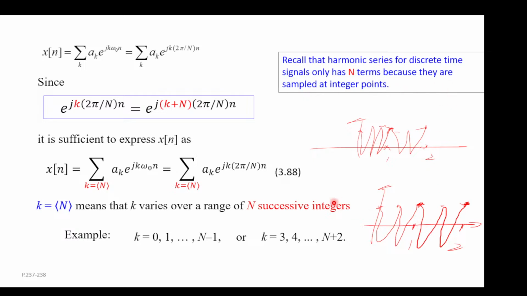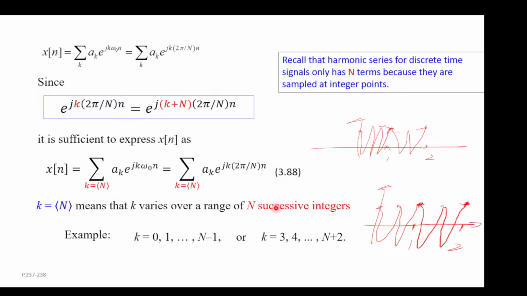And so when you sum over those k, you don't need to sum k from minus infinity to plus infinity. For continuous time, you sum k from minus infinity to plus infinity. But for discrete time, you only need to sum k over this N bracket range. That means you sum over big N consecutive numbers.